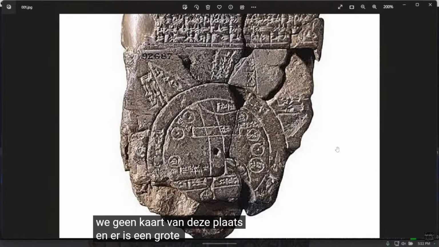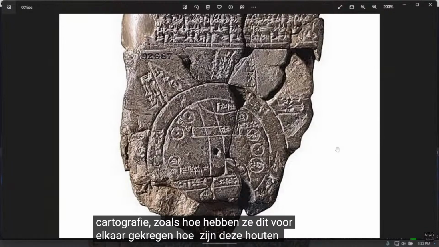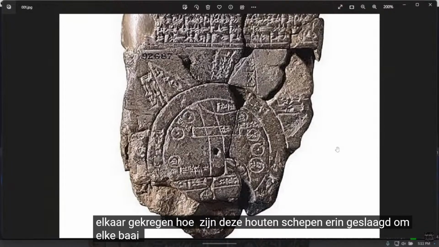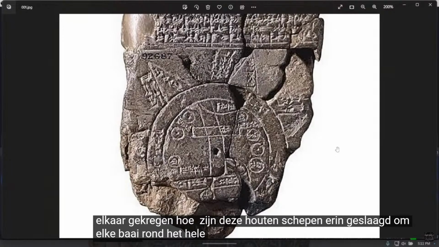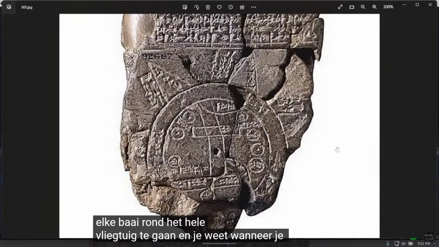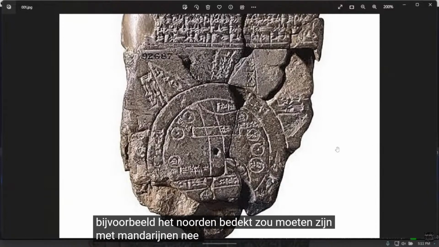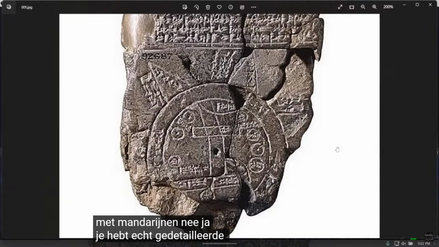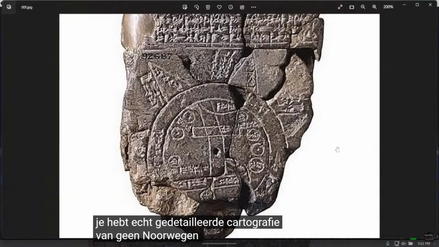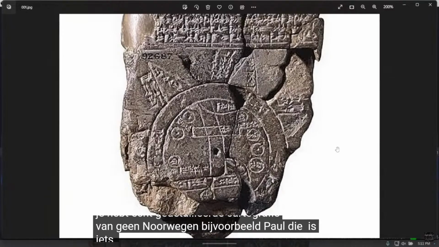And there's a big question with the cartography: how did they pull this off? How did these wooden ships manage to go to every single cove around the entire plane? And for example, the north is supposed to be covered with tundra and snow, yet you have really detailed cartography of Norway, for example, which is a fantastical thing.